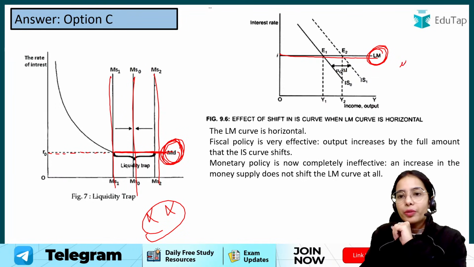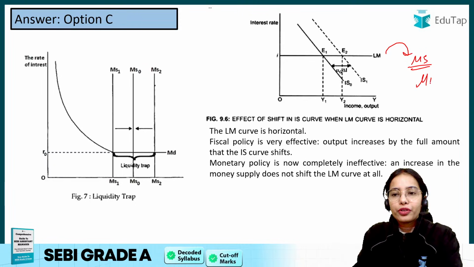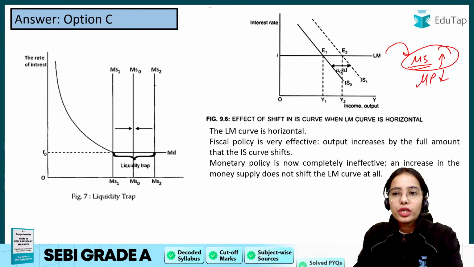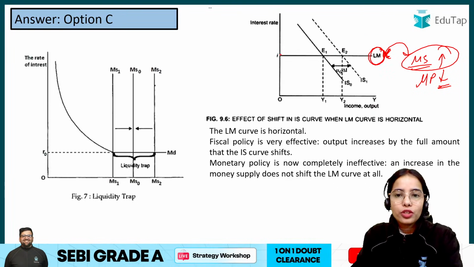So here the monetary policy, because the LM curve depends upon money supply, with an increase or decrease in money supply, there is no effect on the level of income. There is no effect because the LM curve is horizontal.